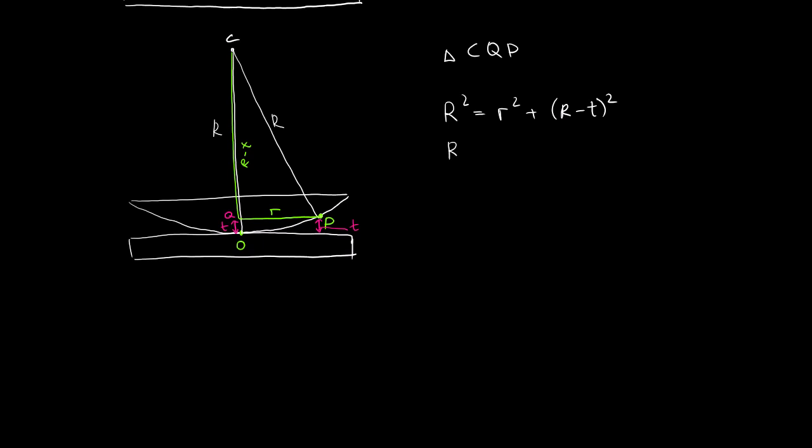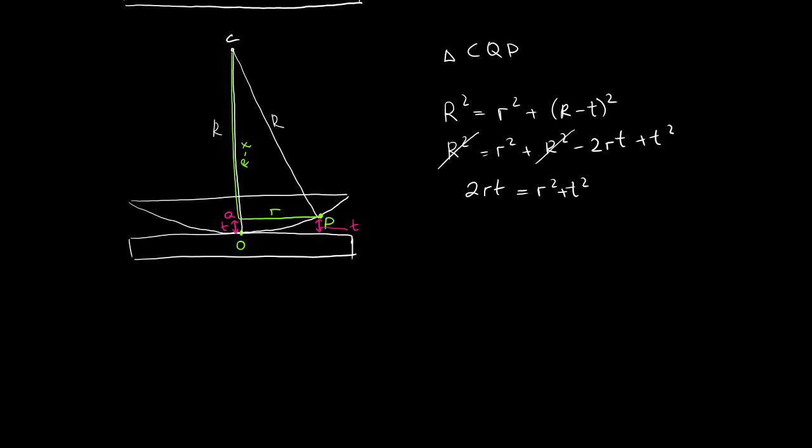Let's simplify this a little bit: R squared equals r squared plus R squared minus 2Rt plus t squared. The R squared terms will cancel out, and we will end up having 2Rt equals r squared plus t squared.